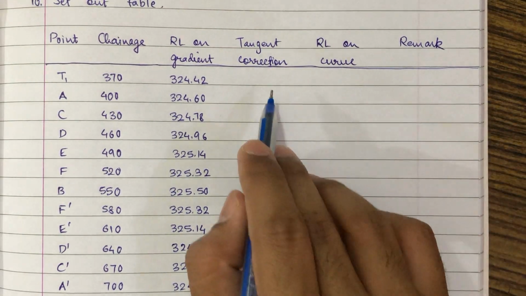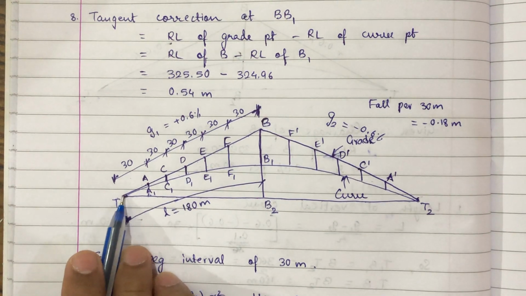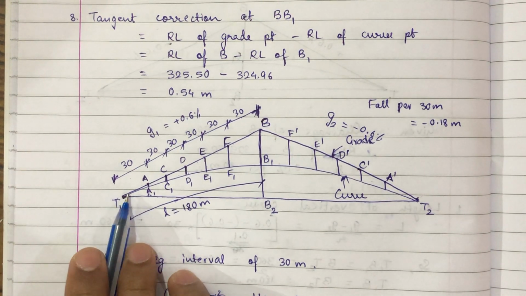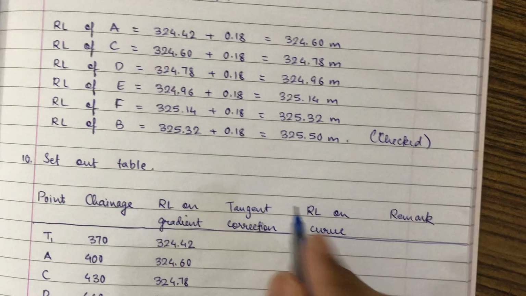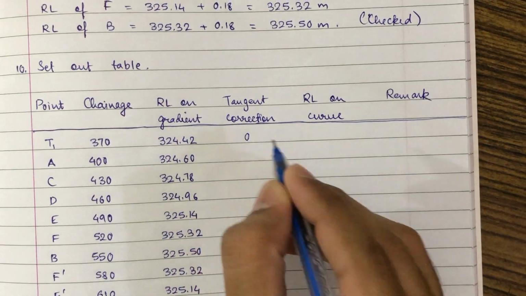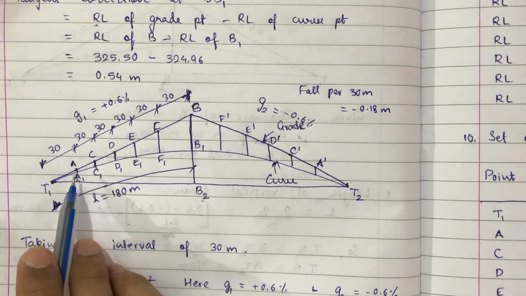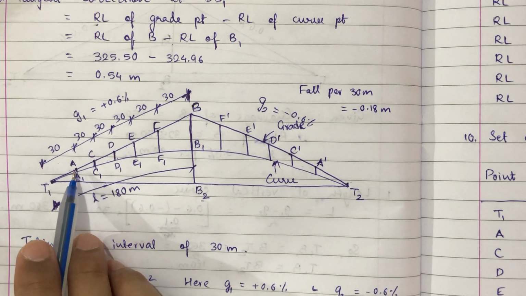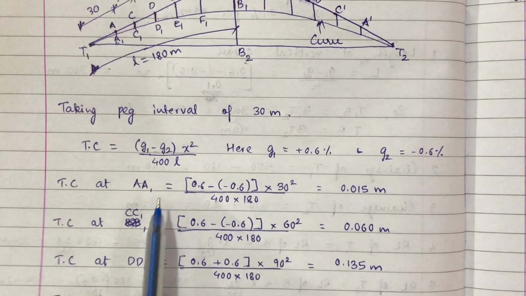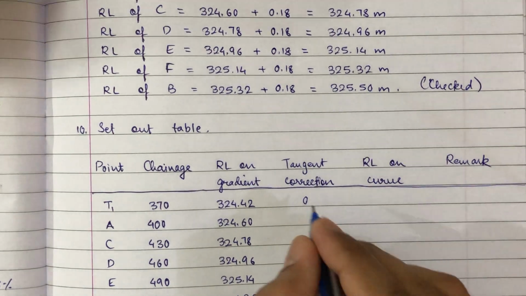Now tangent correction values. At T1 there is no elevation, so there is no correction. Tangent correction at T1 will be 0. At point A, the tangent correction was given as 0.015.